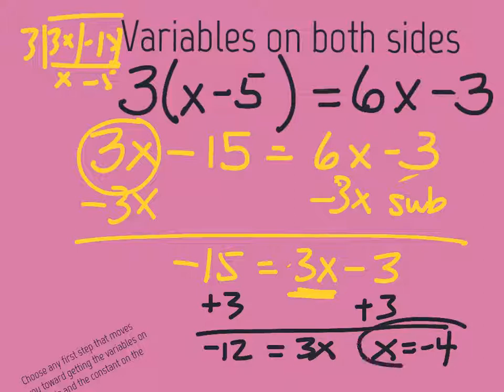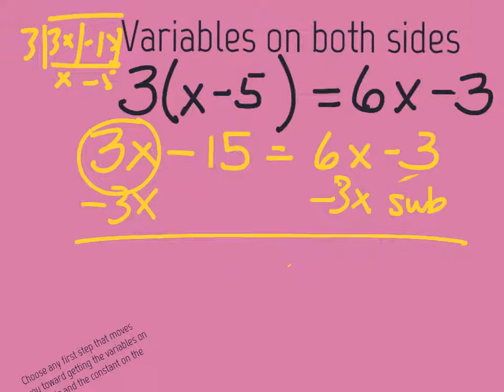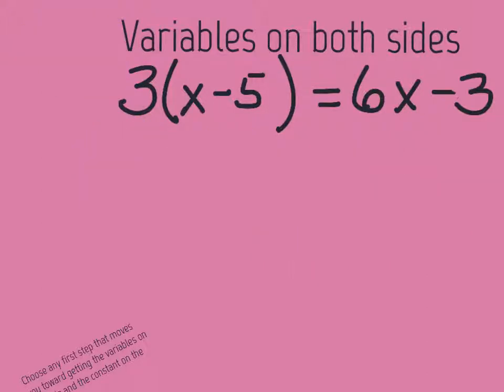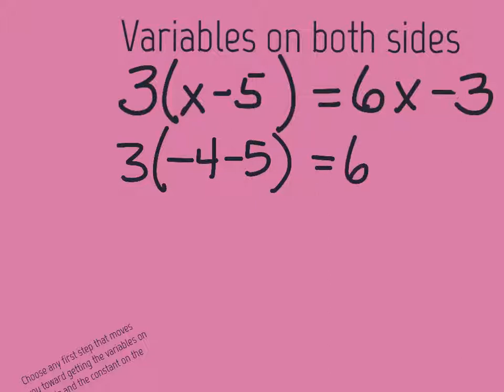Okay. So we think x is negative 4. Let's check. Make sure we're right. So we're going to plug negative 4 in and see if we end up with the same thing on both sides, starting with our parentheses.